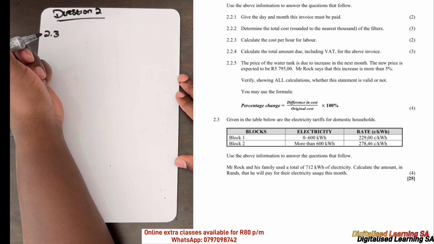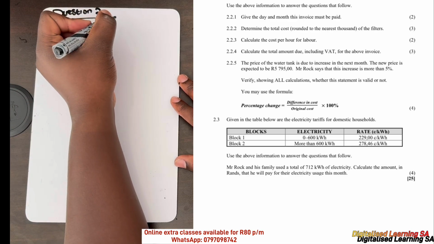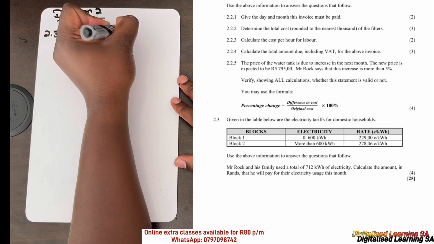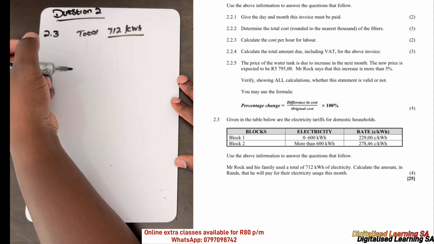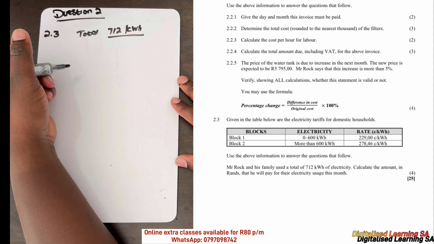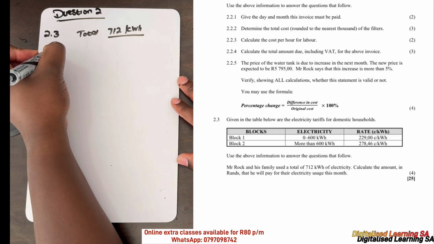So we are given block 1 and block 2. So we can just state the total: the total will be 712 kilowatts. Okay, so now we need to calculate the cost in rands. If we check, our rate is given in cents. We can see that it is 229 cents. So first let's calculate the block 1 tariff, which is 600.